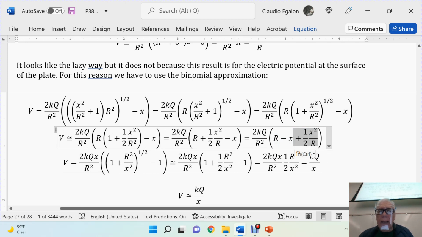And let's not forget that our electric potential that we got is a linear function of x. It is at this point that we neglect this term because this x squared here is much smaller than this x. So I'm going to put another approximation here.